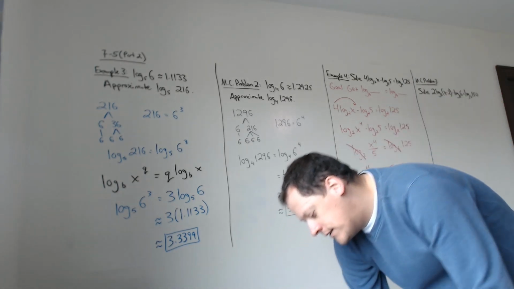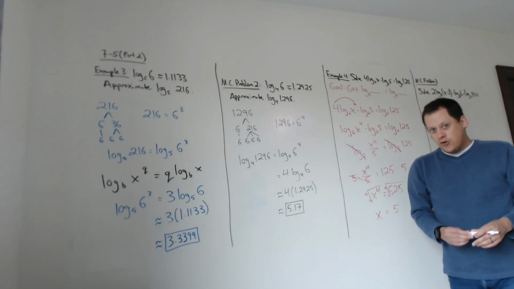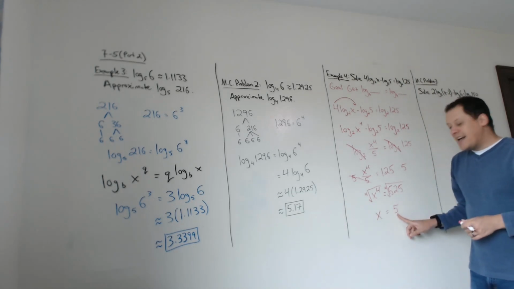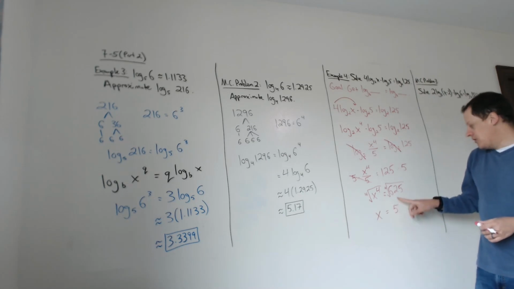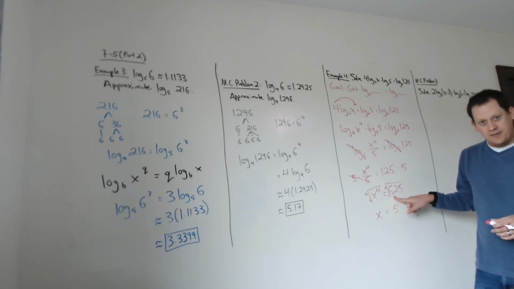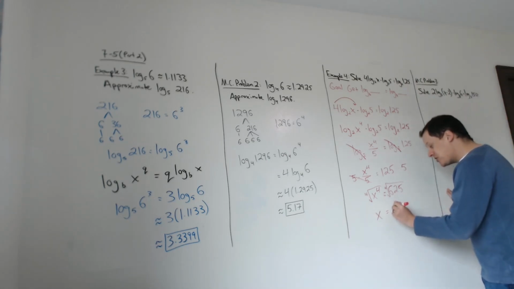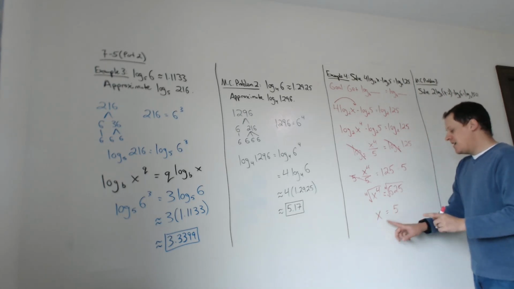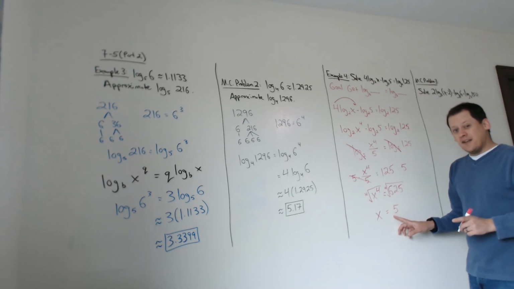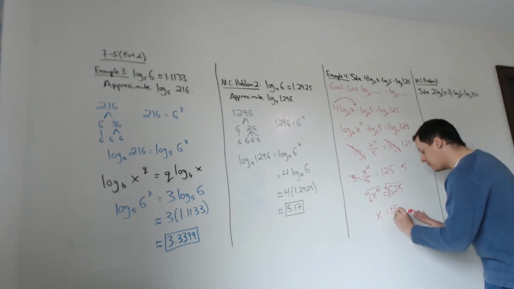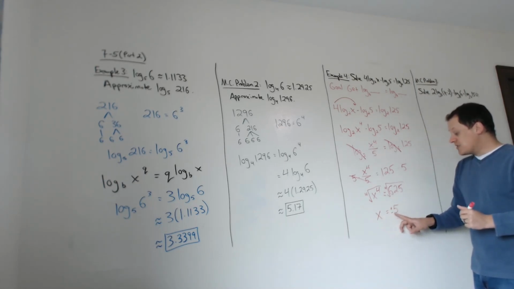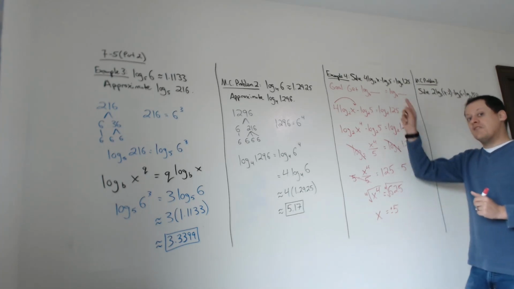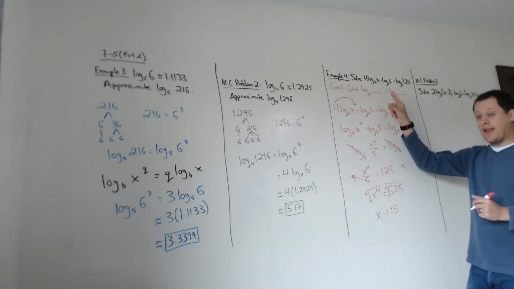Now, the very eagle-eyed among you might notice 5 is not the only number that is the fourth root of 625. This is really plus or minus 5. But if we say that x could be negative 5, so really this is plus or minus 5, if we're saying x equals negative 5 as a solution, then that means we should be able to plug in negative 5 for x up here at the very beginning.